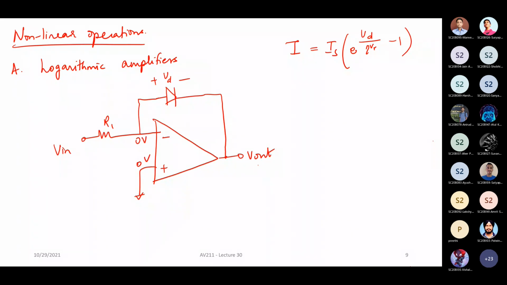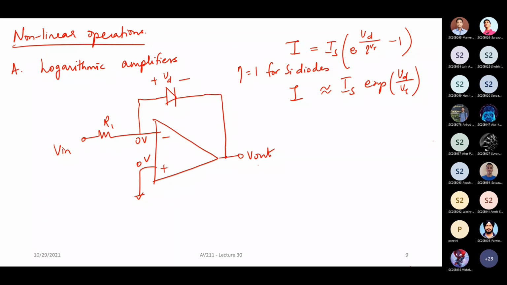Eta is 1 for a silicon diode and 2 for a germanium diode. So let us say we use a silicon diode, and the diode is well into its conductive region. Then you can approximately say this is Is times exponential of Vd by, let's say, Vt. So eta is 1 for silicon diodes.